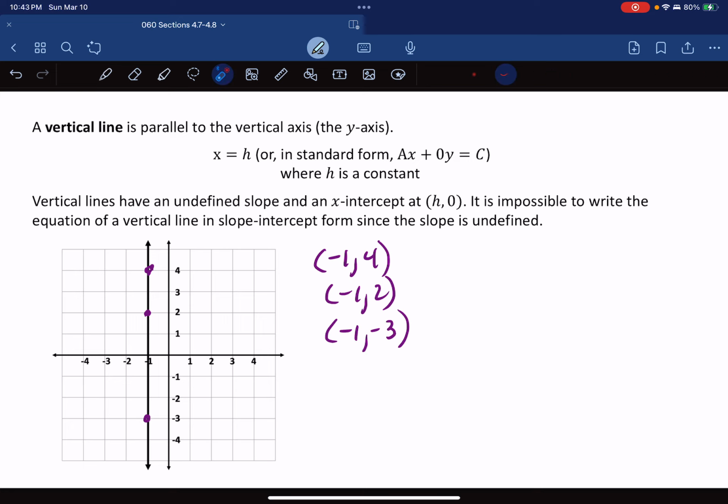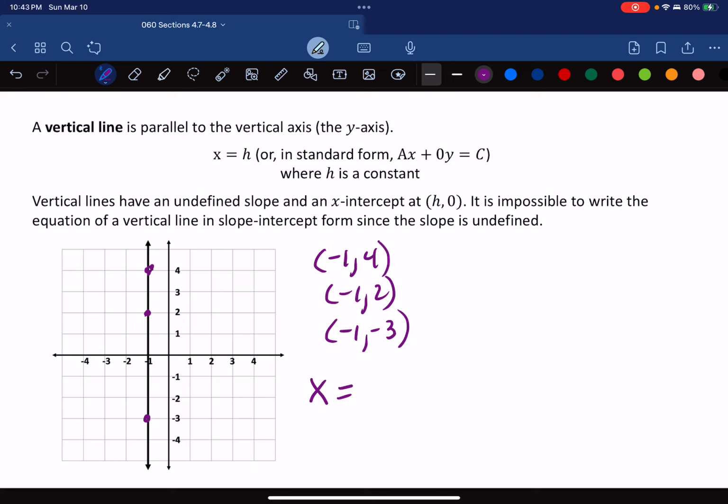Looking at this, I'm noticing that my x value is always -1, which explains why it says that x is going to equal some number, h, which is a constant. So in this case, my h is going to help me write my equation. So x is always a constant number.